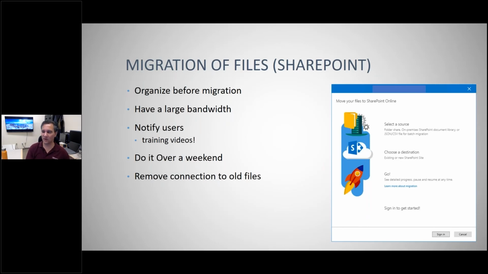Well, that'll take them to the old file. So remove that connection somehow. The easiest way to do that is create an archive folder and dump all those files into that archive folder. So all those links, those recent files will not work anymore. They're still there on the server or wherever you put them, but they're not connected anymore.